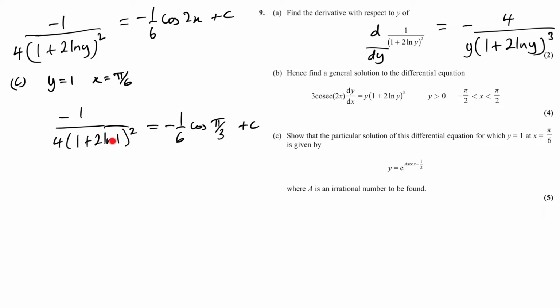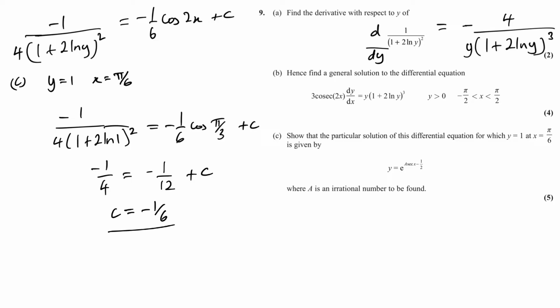Now, ln 1 is 0, so that's 0. 1 squared is just 1, so that's a 4. So we just get minus 1/4 there. Pi by 3, cos of pi by 3 is a half. Minus a 6 times a half is minus a 12 plus c. So adding a 12th, we can see that c equals minus 1/6.